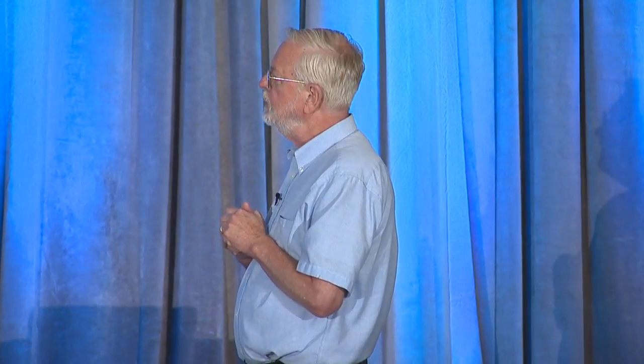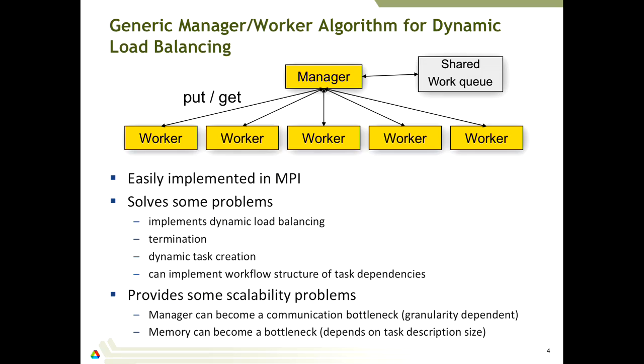So many people's first parallel program, certainly mine, might have looked something like this. There's an easy way to get good dynamic load balancing if your algorithm can be expressed this way, where there's a manager who keeps track of the work units, and you have workers which talk to the manager, putting things in the work pool when there's new work to do, taking things out.